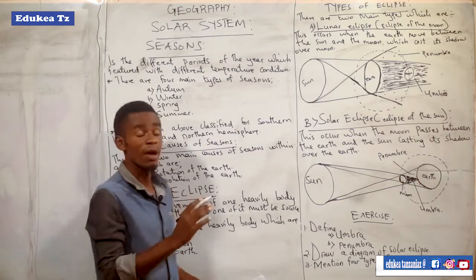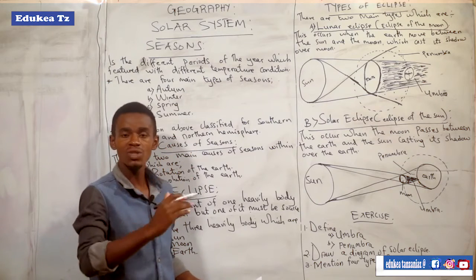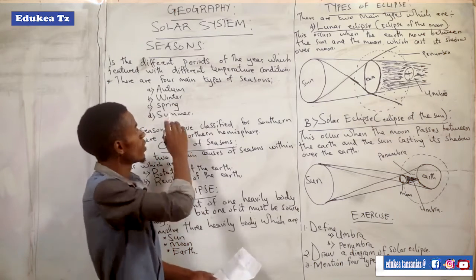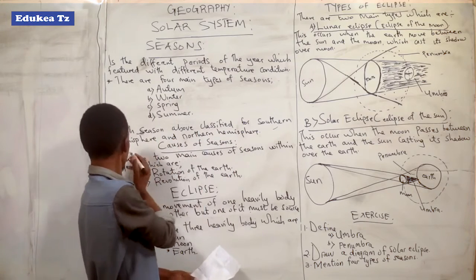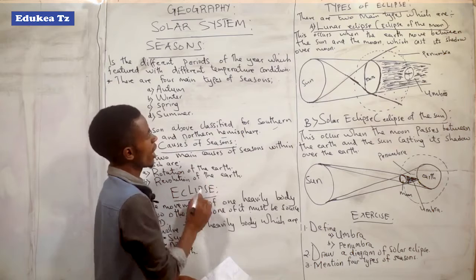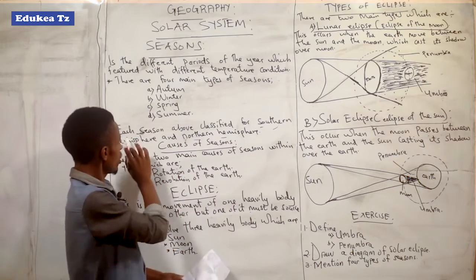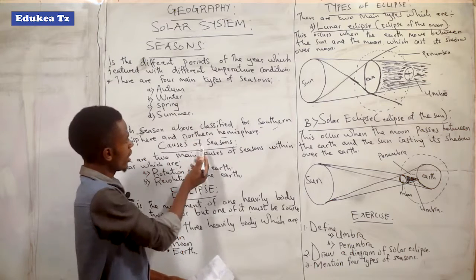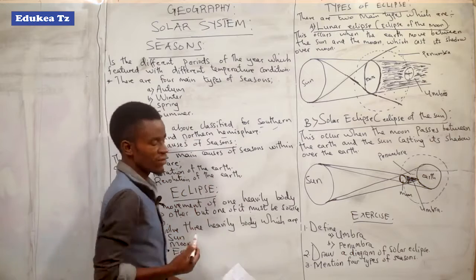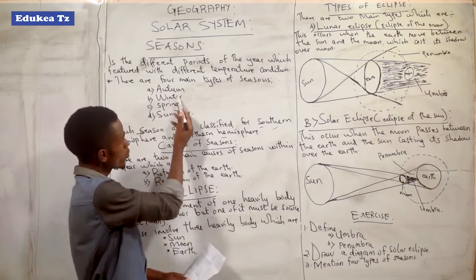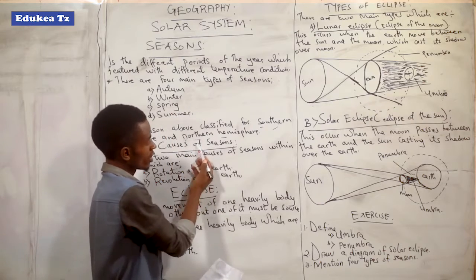But when we talk about the four types of season, they are specifically classified in terms of hemisphere. Autumn in the southern hemisphere is quite different from autumn in the northern hemisphere. Let's look at the southern hemisphere and the northern hemisphere.